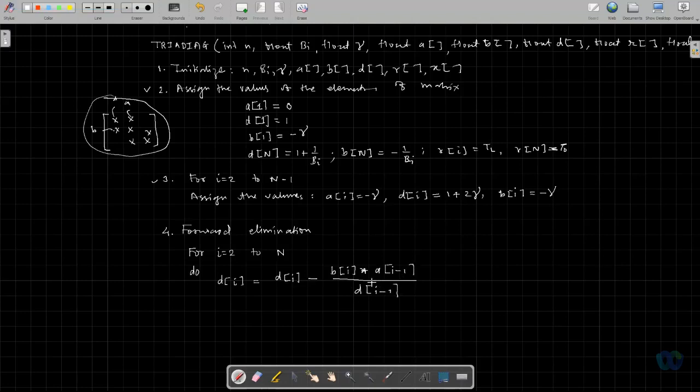By this you will get all the new diagonal elements.